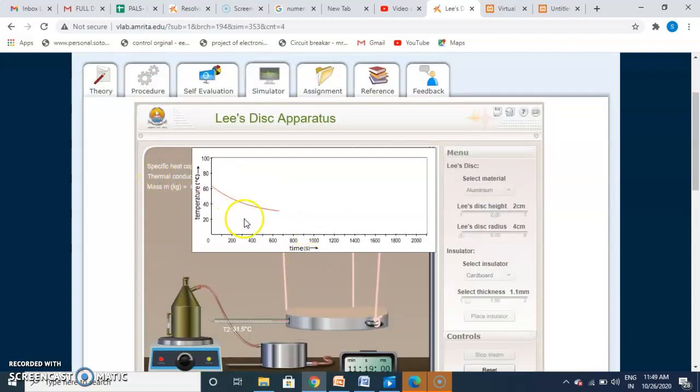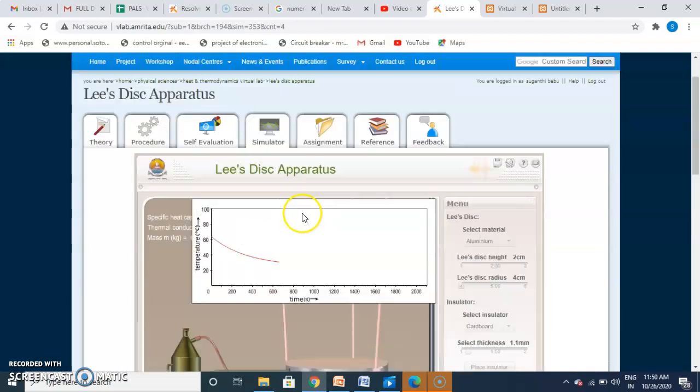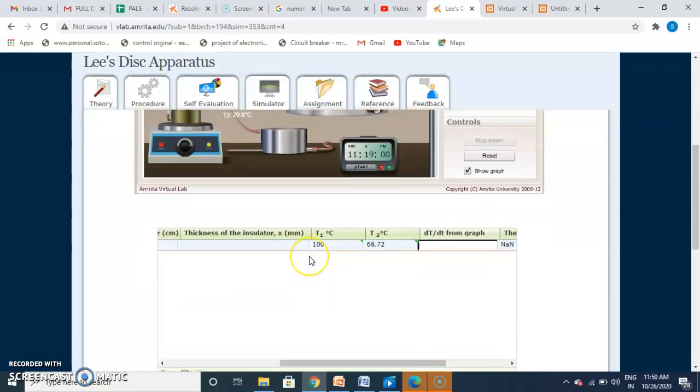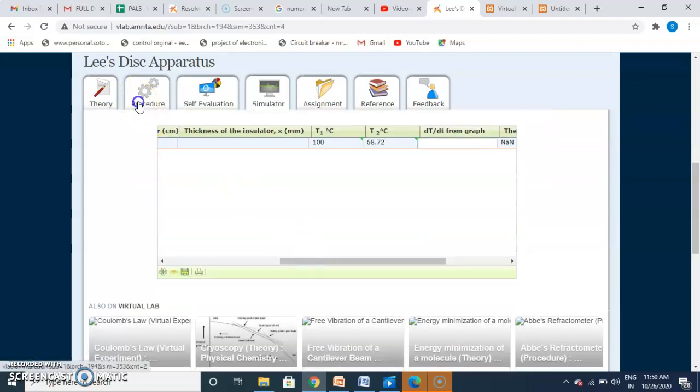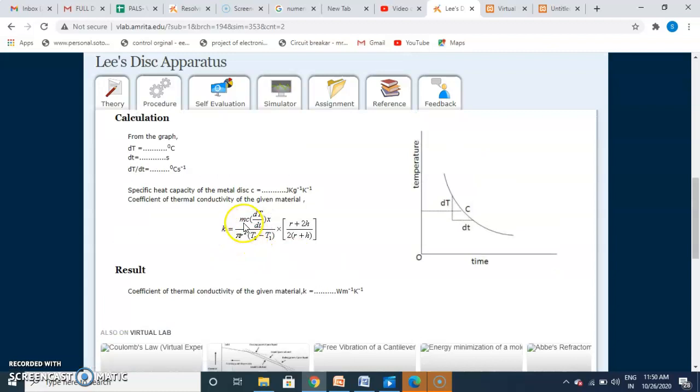Now see this graph. We have to plot the graph, and from the graph we have to find dθ/dt. From that we substitute in this formula. We know the mass, we know the specific heat capacity.